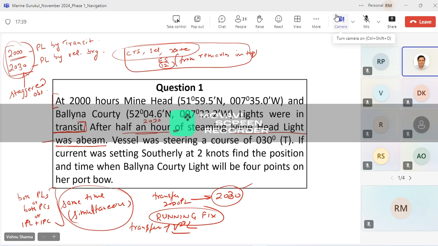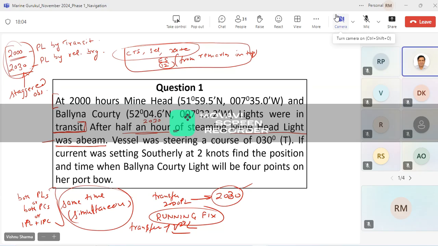To make it simple for yourself, you'll tell yourself like this: if my ship was at that point, I'm saying if, I don't know where the ship is, where would the ship reach after 30 minutes? And whatever point you get, that is where this point is transferred.